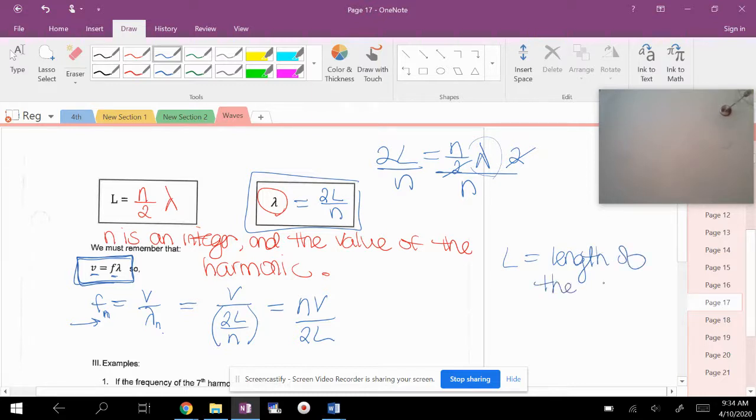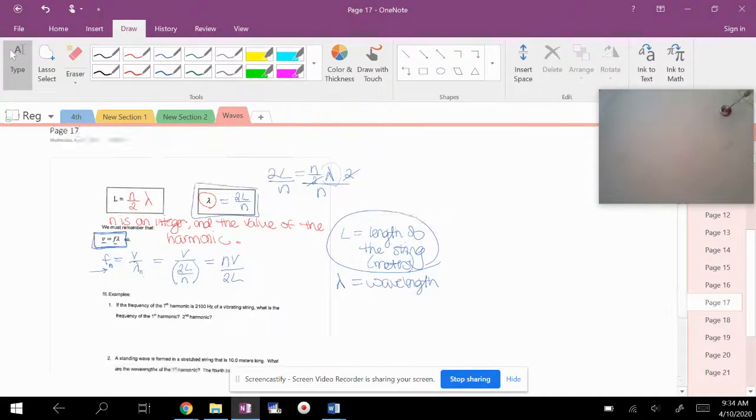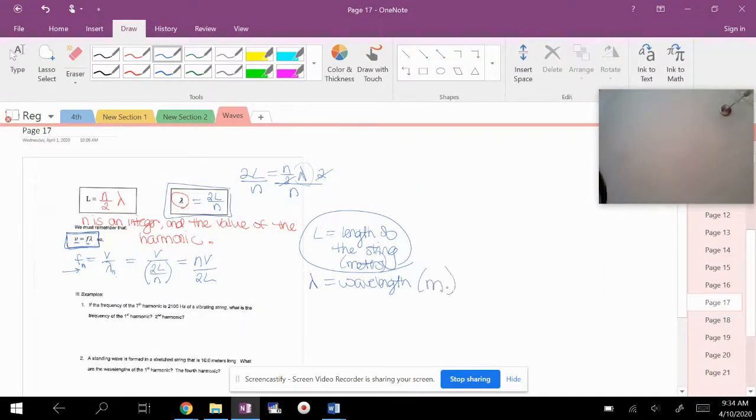Okay, and understand that L is the length of the string. And of course, that's in meters. Lambda is the wavelength. And that's also in meters. N is the number of harmonics that we're on.